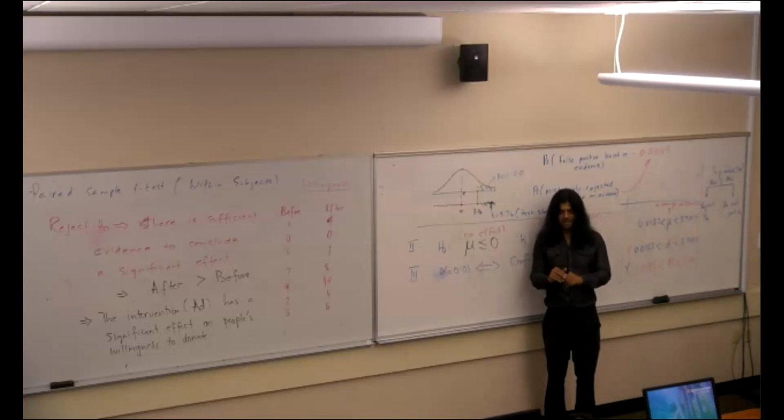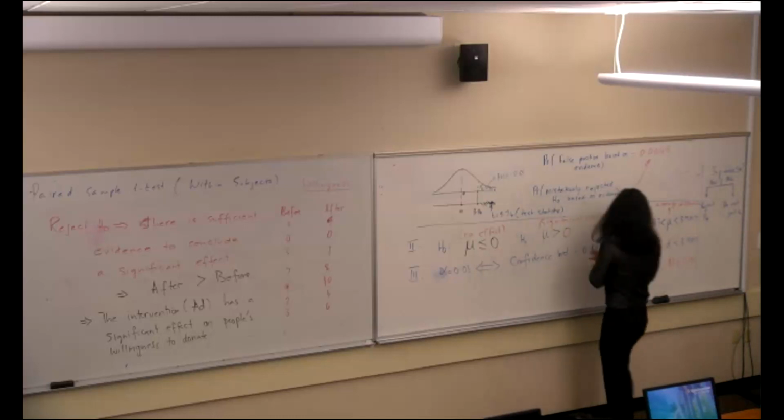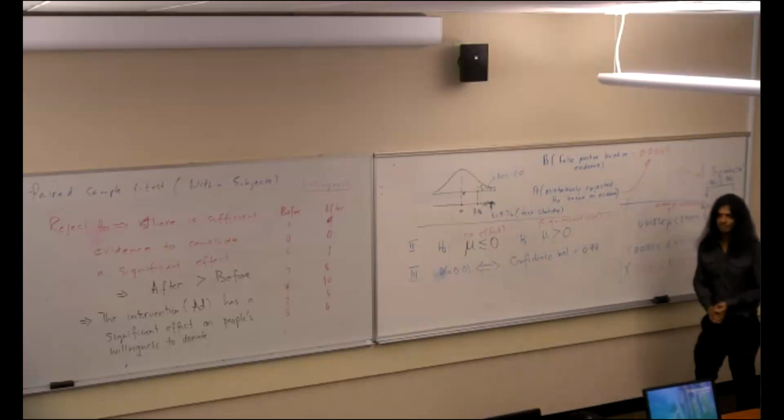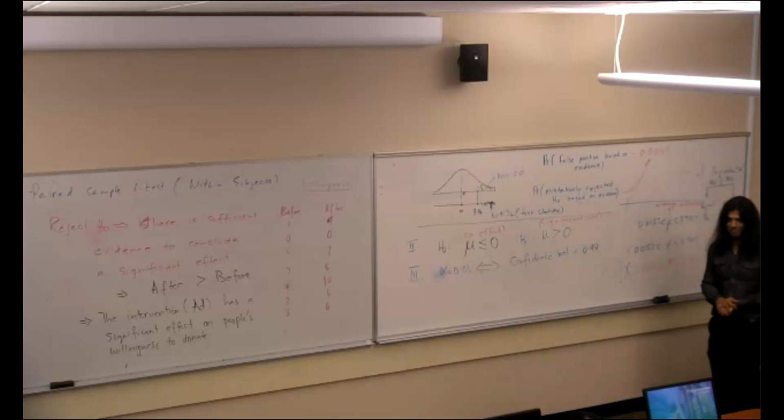So we have placed 99% confidence on this data. And based on that, ask yourself this: could mu equal 0? If this is the interval and you are 99% confident that this is the interval based on the data, could mu equal 0? Hannah, right? Are you asking me to explain it?